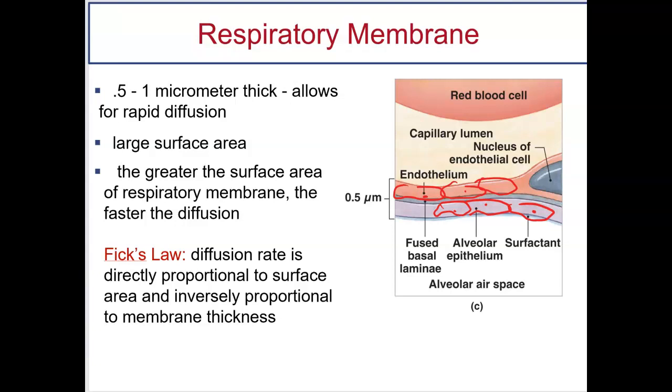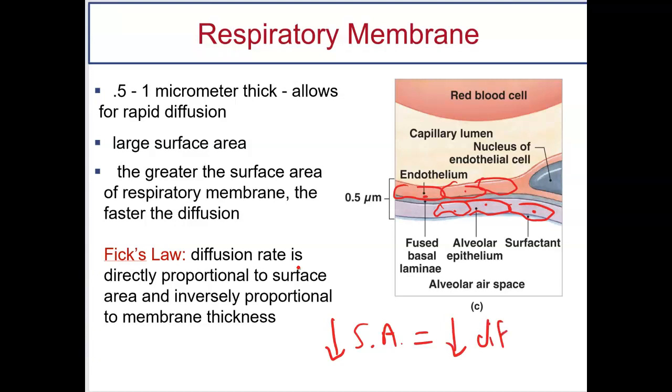Diffusion is directly proportional to surface area and inversely proportional to thickness. So what does that mean? If your surface area goes down, like maybe you have a tumor in a lung and part of your lung is removed, or part of your lung isn't working, so you decrease surface area, SA, right? It's directly proportional.